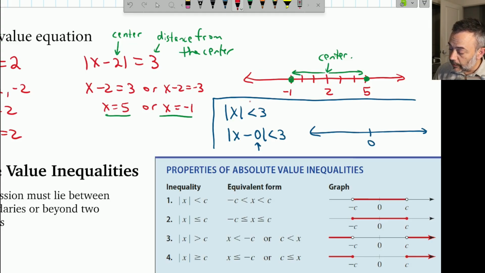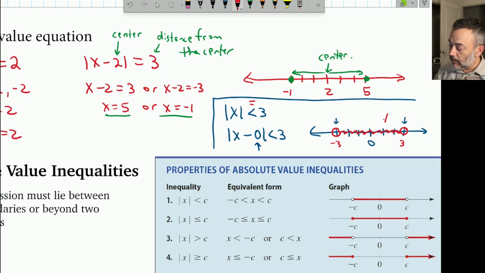Now, if this were equal, which it's not, we could go 3 units to the right and 3 units to the left, and our solutions would be here and here. But we want the absolute value of x to be less than 3. So we want the distance from x to 0 to be less than 3. And if you think about that, any number that's between negative 3 and 3 will make that true.